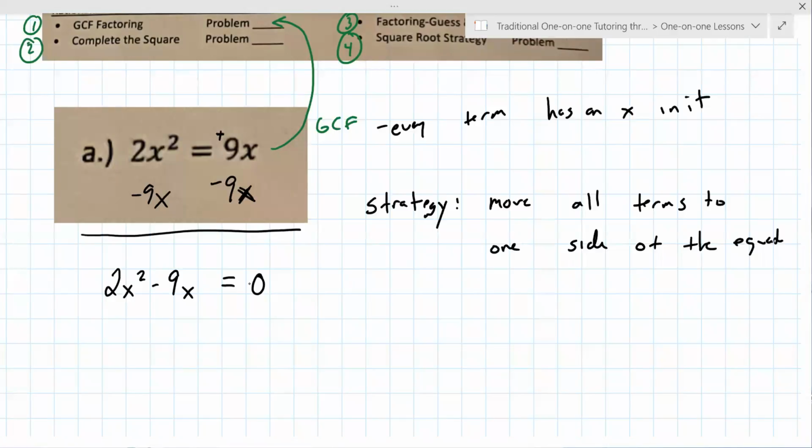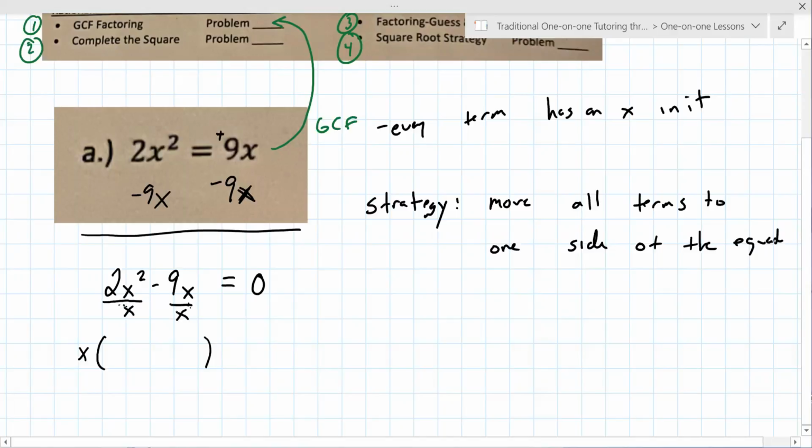Let me know when you get this down. All right, got it down. Again, see how both of these have an x in it? So we're going to factor out an x, which is the equivalent of dividing both of these by x.